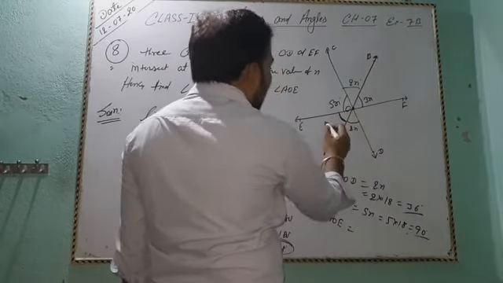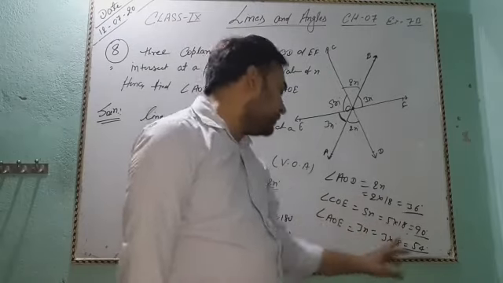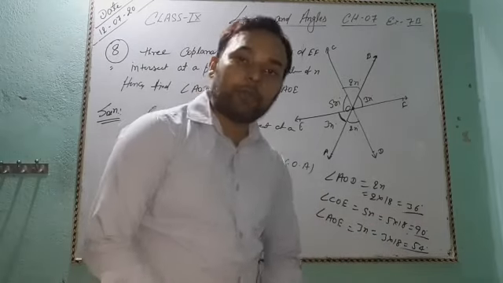So 3 multiplied by 18 is 54 degrees. So the value of x equals 18 degrees, angle AOD equals 36 degrees, angle COE equals 90 degrees, and angle AOE equals 54 degrees.